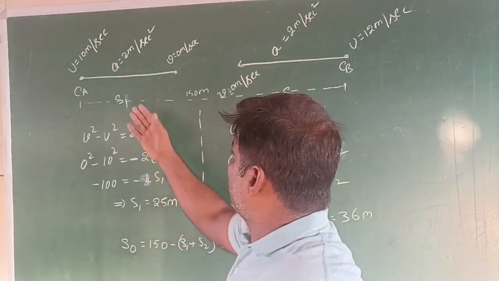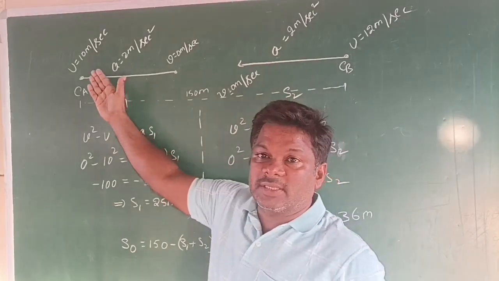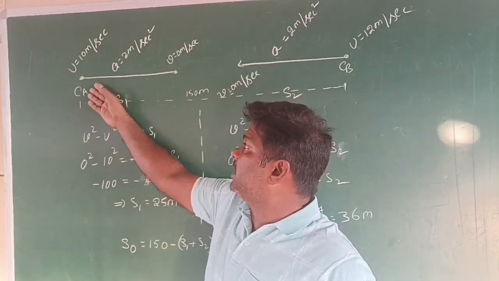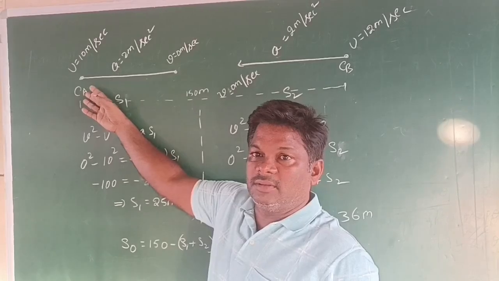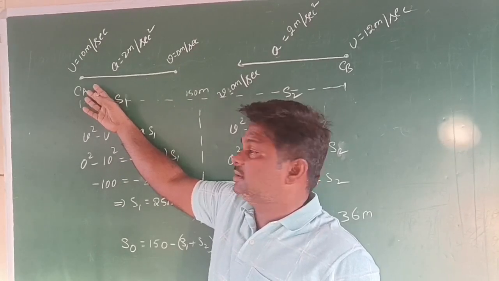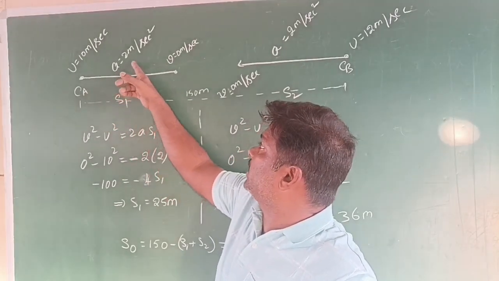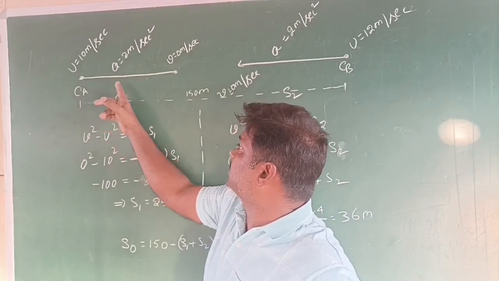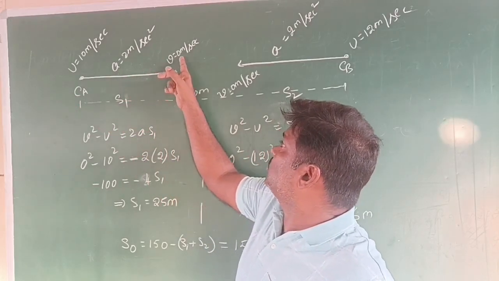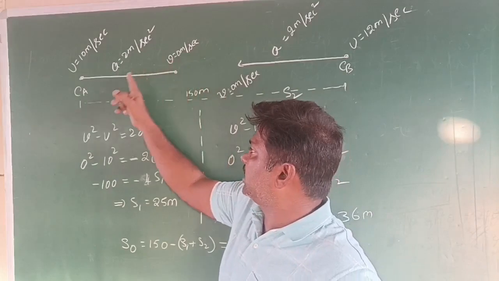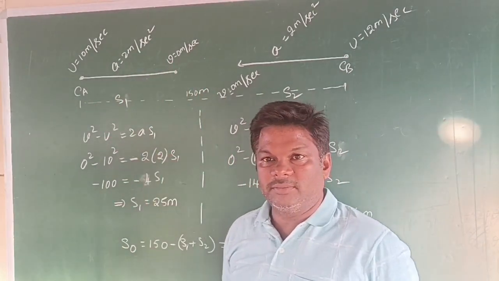Here also, when its velocity is 10 meters per second, he applied brakes with acceleration 2 meters per second square, and it reduces its velocity to 0 meters per second and travels a distance of s1.